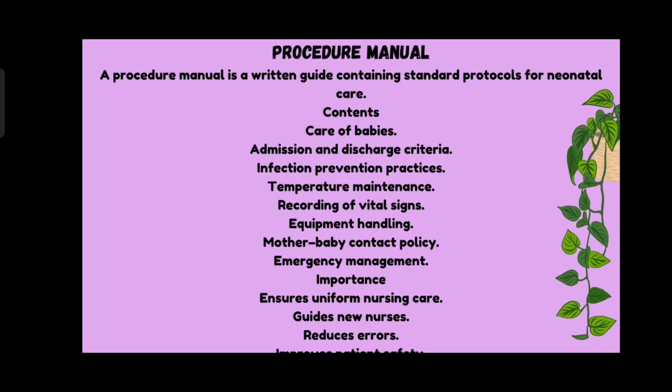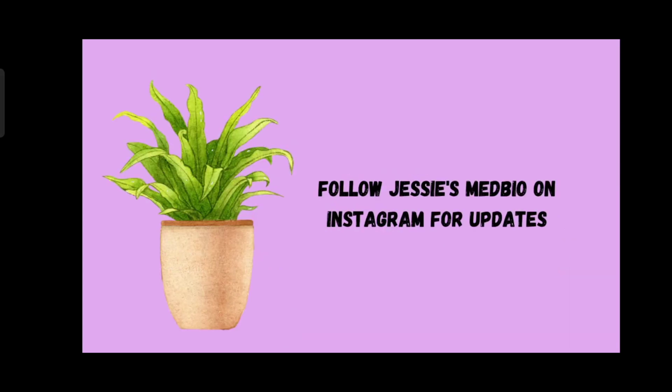It should contain how to care for the baby, the admission and discharge criteria, infection prevention practices, how we can maintain the temperature, recording of vital signs, how to handle the equipment, the contact between mother and baby policy, and management of emergencies. It will ensure uniform nursing care, and also it will help to guide the new nurses. So these all are about the organization of neonatal care unit and about the neonatal equipment.